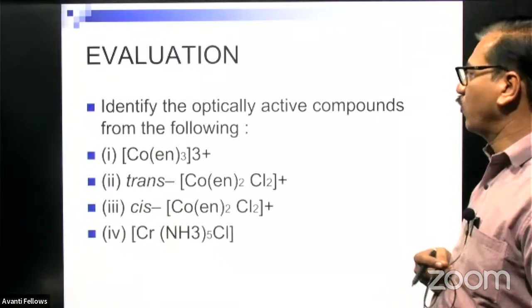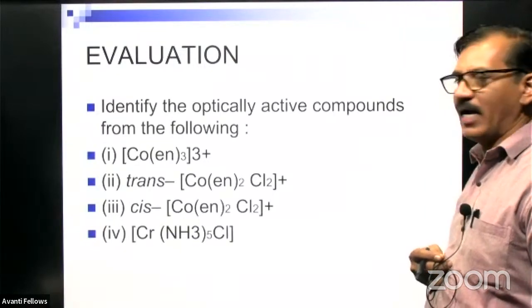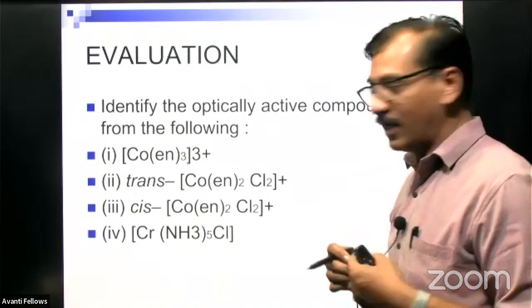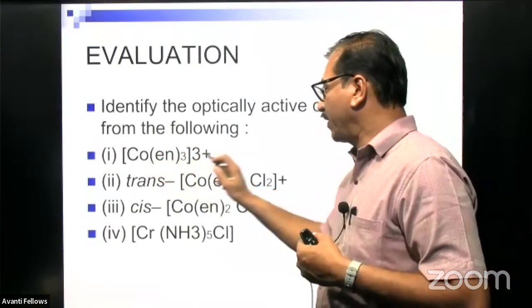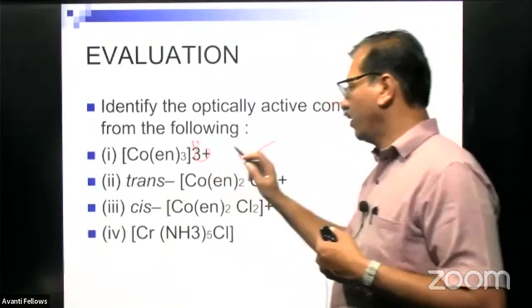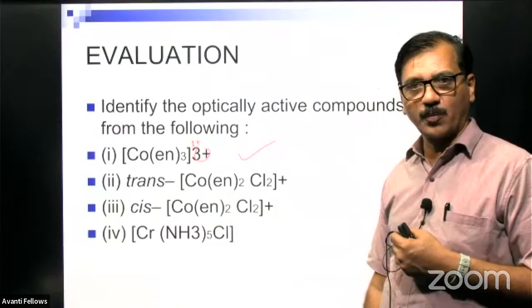Identify the optically active compounds from the following. Optically active compounds. This is the way the questions are asked, right? MAA3 type. 3 plus is the charge here. So this shows optical isomerism.